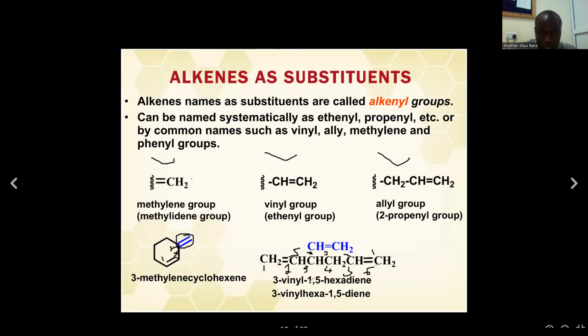So that is why we have 1,3-hexadiene, while the position of the ethylene, which is vinyl, is at carbon 3. So we have 3-vinyl-1,5-hexadiene, or it can be 3-vinylhexa-1,5-diene. So all these are correct. So we should also understand that an alkene can come as a substituent. And this one is also very important for us to know.